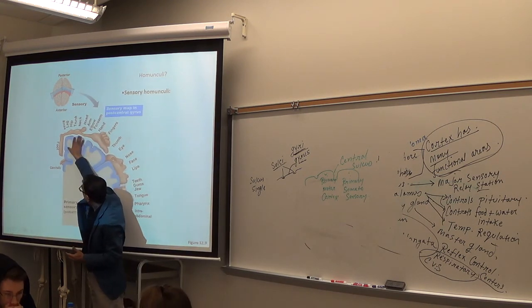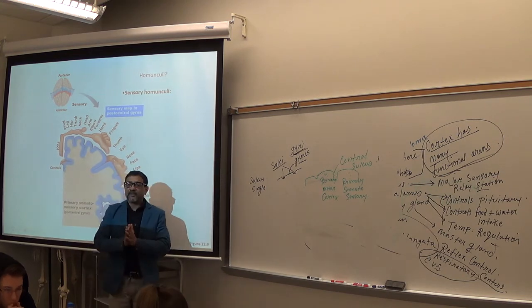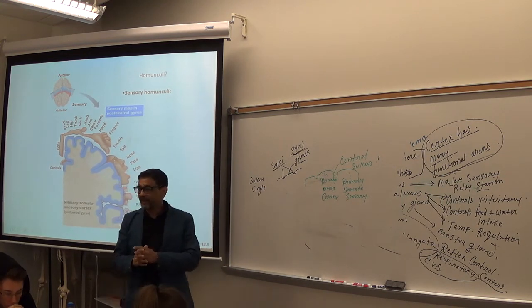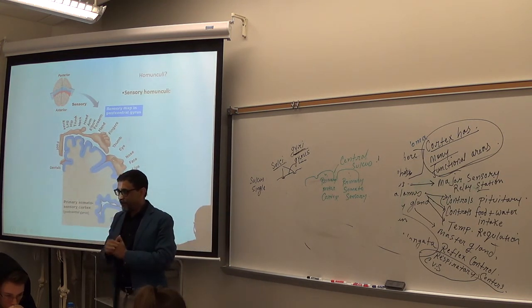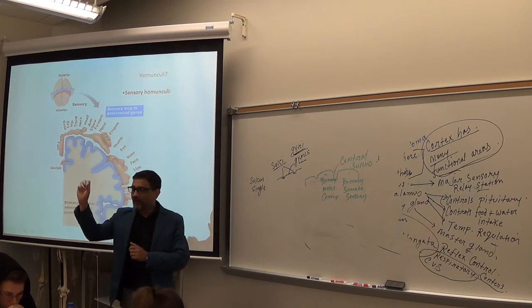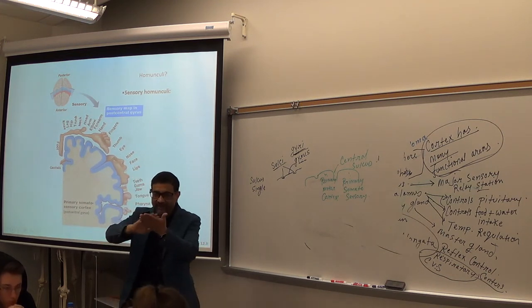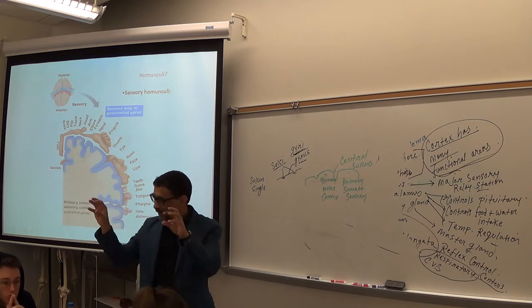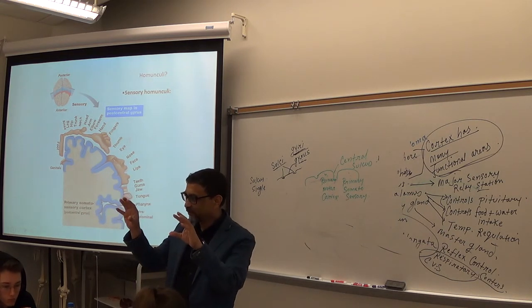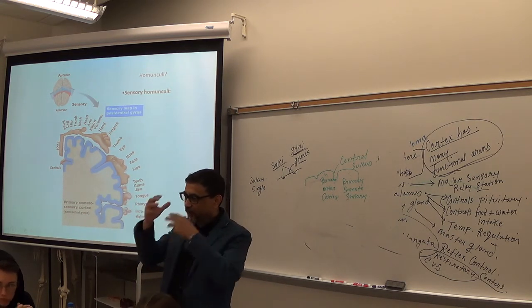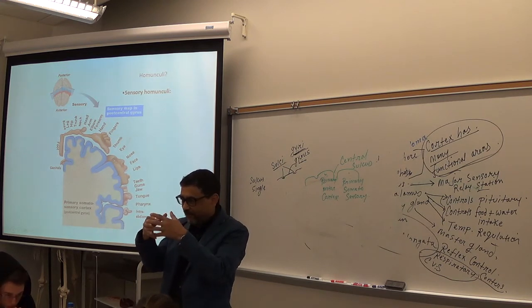Trunk area is smaller. This is called use-dependent map. We use the hands a lot, right? To touch the things. We use our hands a lot, right? Fingers. So gradually that area gets what? Bigger.